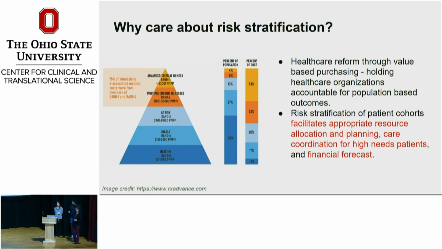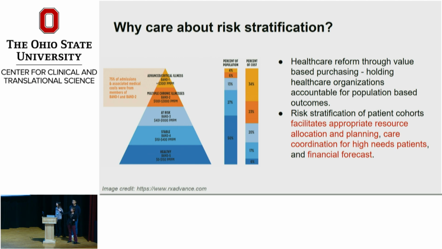If you think of the patients under a healthcare insurance or health system, you can think of it as a triangle, and most of the healthy people don't cost much, and they're at the bottom. As you go up the triangle, people are a little bit more at risk. If you go to the top of the triangle, they have multiple chronic illnesses and advanced critical illnesses.